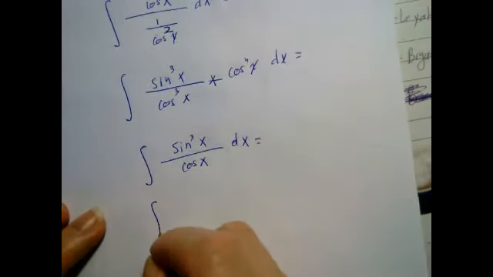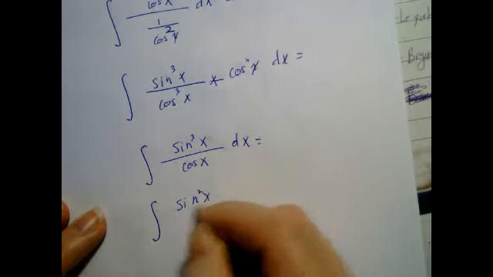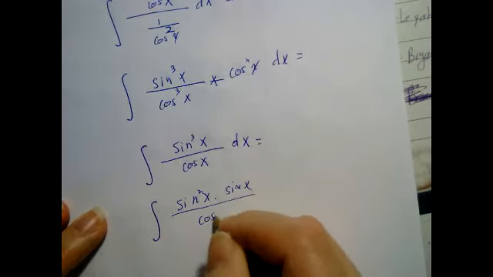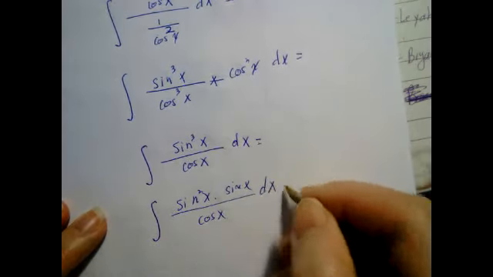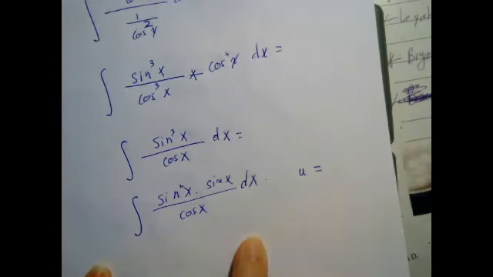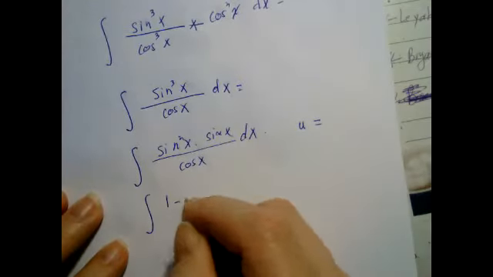Absolutely correct. I think this is a little bit easier. Sine squared becomes 1 minus cosine squared, and then do u substitution.